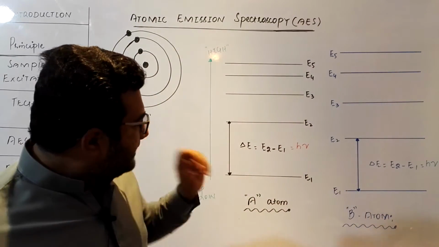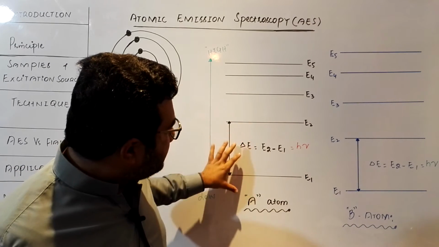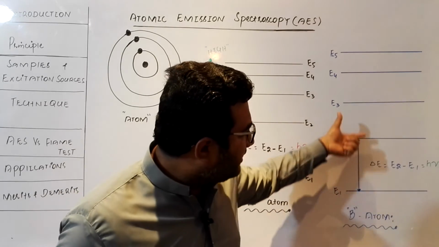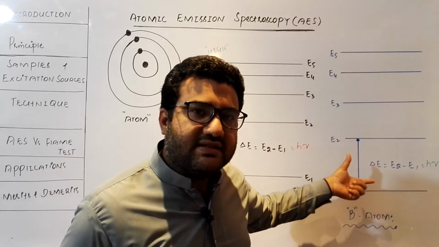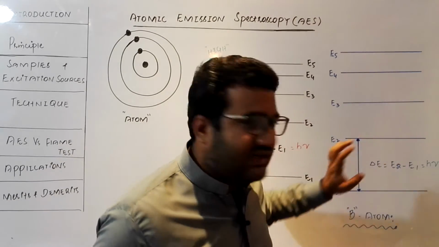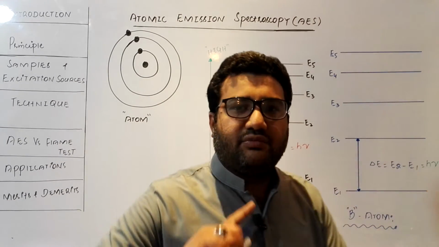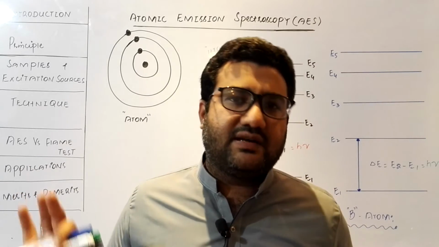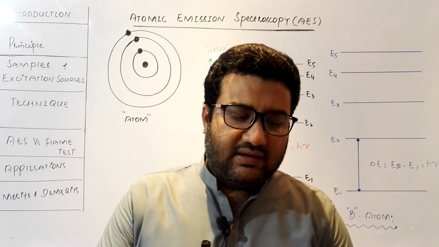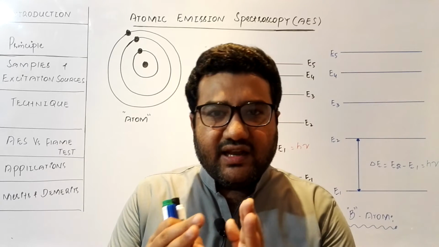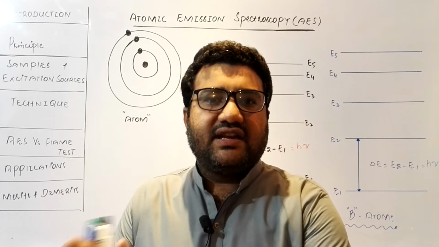Similarly, you can see that the energy difference or energy gap between these energy levels is also different in both cases. This delta E is quite different from this delta E. So this is the second point. There are only 2 points; if you keep these 2 points in mind, the whole concept will be clear. Atoms consist of energy levels, and the energies of those energy levels are different in different atoms.